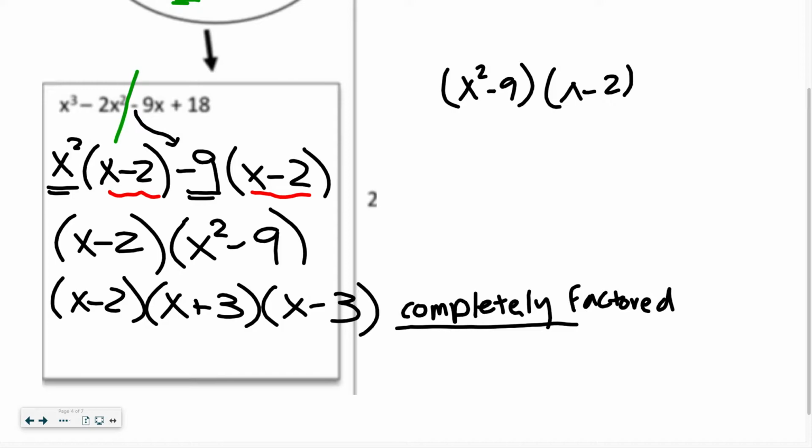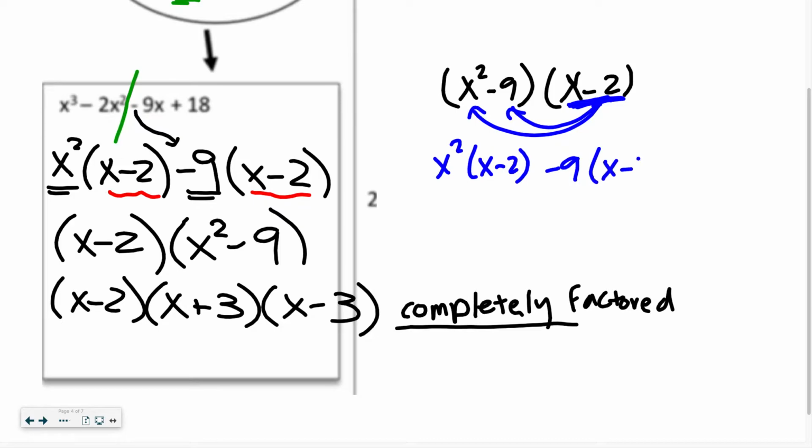What we're doing right there is we're saying take the x minus 2 as a whole term and multiply it by x squared, so that would be x squared times x minus 2. And then take this whole thing right here and multiply it by minus 9, so that would be minus 9 times x minus 2. So you're basically going backwards. You're undistributing the x minus 2.